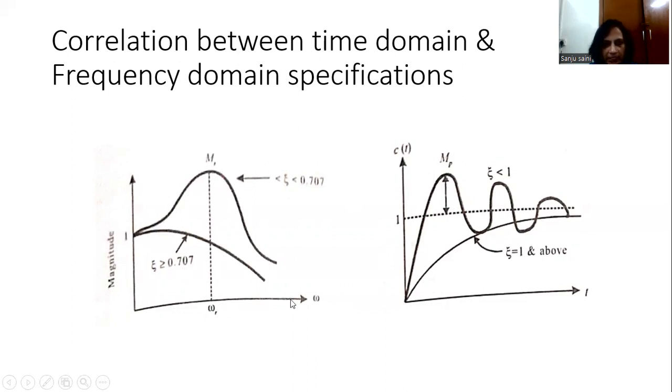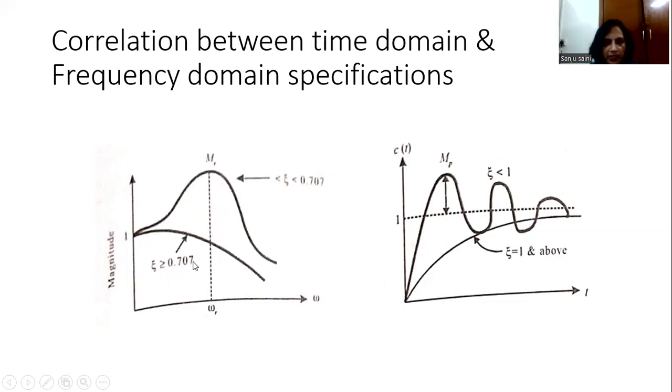We can very well see that when zeta becomes equal to or greater than 0.707, this curve becomes flat like this and MR will vanish. Similarly, when zeta becomes 1 and above, MP will vanish. So it means that both MP and MR are directly related to the value of zeta.